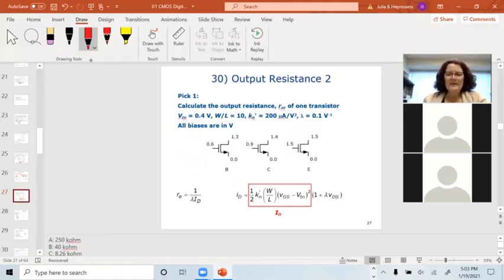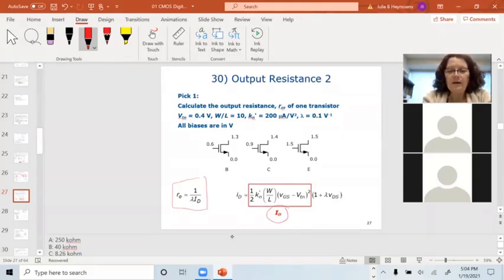Okay. So if I have these transistors, for this equation to calculate RO, I use big ID. I use the part of the equation that does not include the channel length modulation, because that would be like doing it twice when I put the resistor in that model.